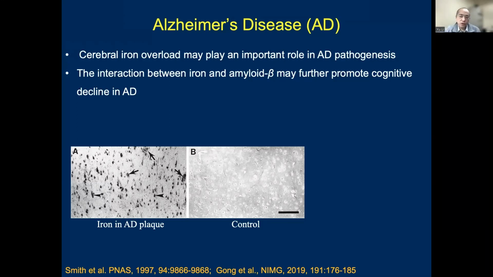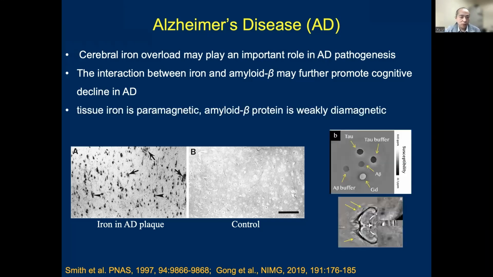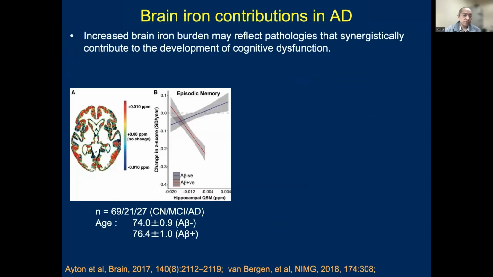And of course, it should be noted that while tissue iron is paramagnetic, the beta amyloid protein is actually weakly diamagnetic, as shown in some recent phantom and mouse studies. The hypothesis of a potential interaction between brain iron and beta amyloid has been supported by some recent QSM and PET studies, which measure both iron using QSM and beta amyloid using PET.